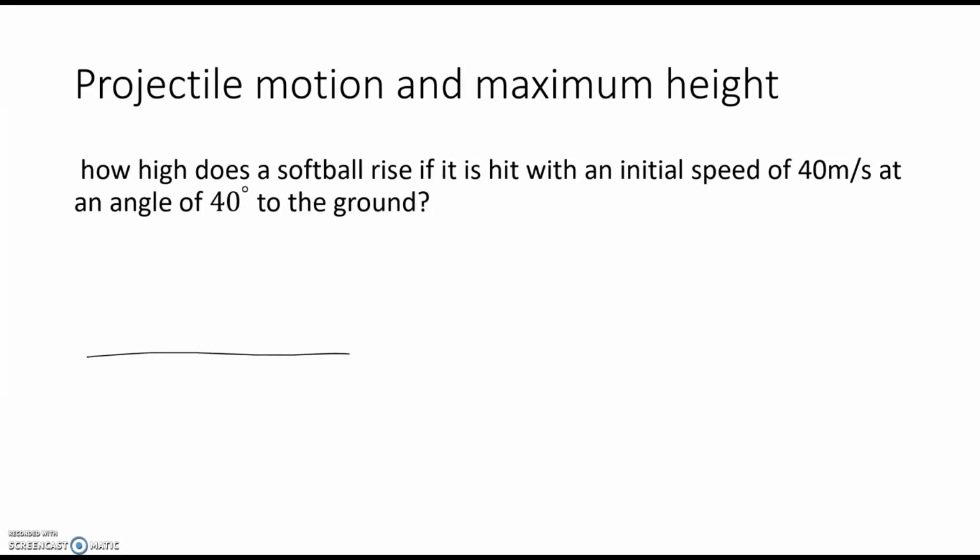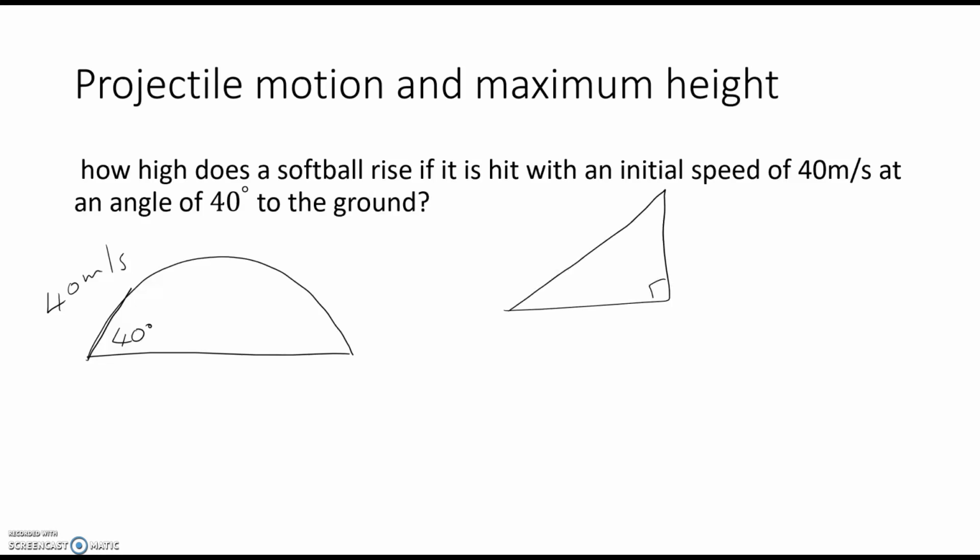We've got a softball that's going up at 40 meters per second at an angle of 40 degrees. Now let's draw this in a triangle, a right angle triangle. So we've got our velocity, and our trigonometry would tell us that and that.